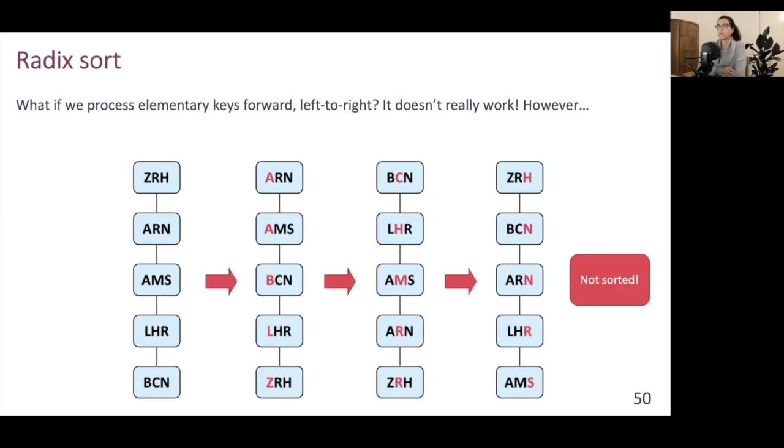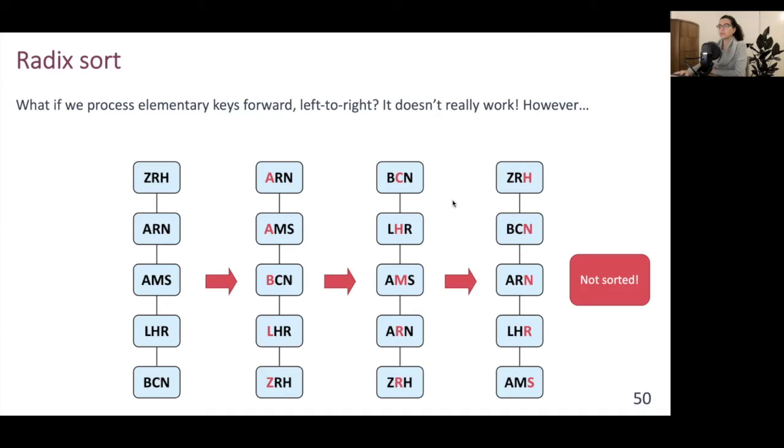Let's go back to our original question where we were trying to figure out whether we needed to apply bucket sort sequentially by processing elementary keys forward or backward. We said that it wouldn't work if we processed the elementary keys forward, or left to right.